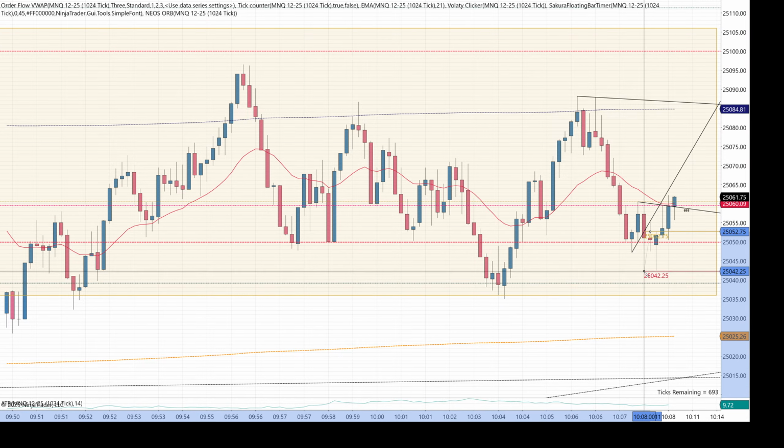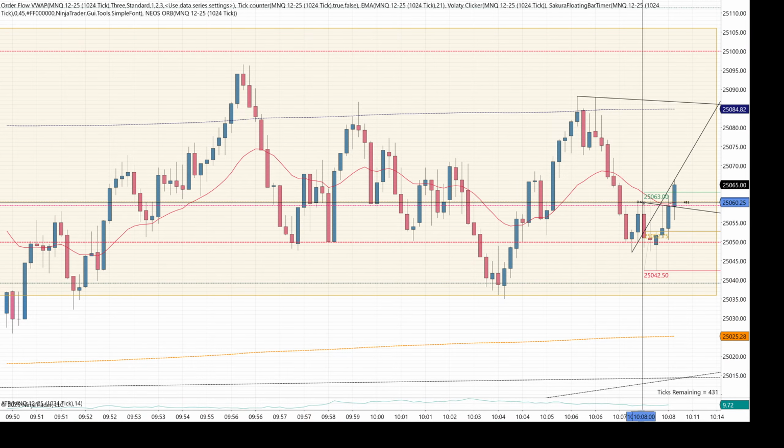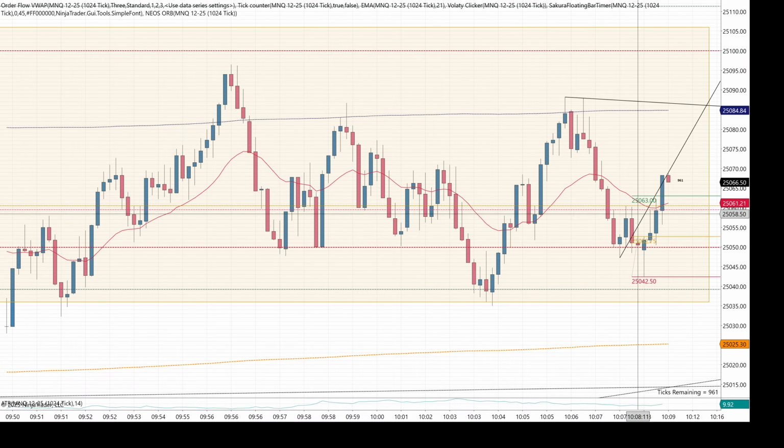This was a false positive bullish signal here, down here. We're making our way again above the golden ruler.